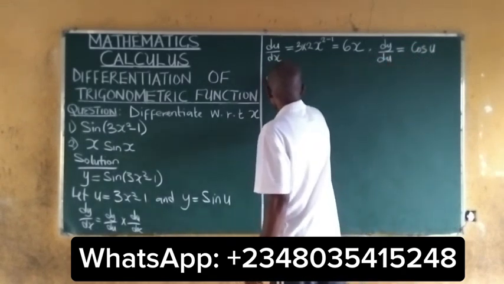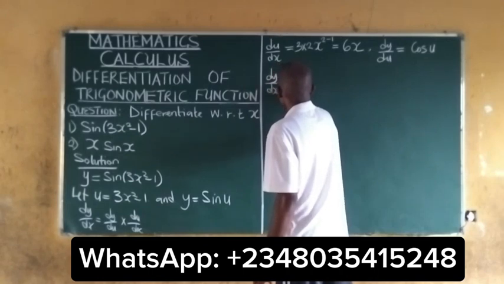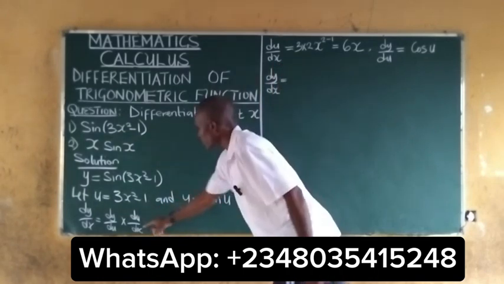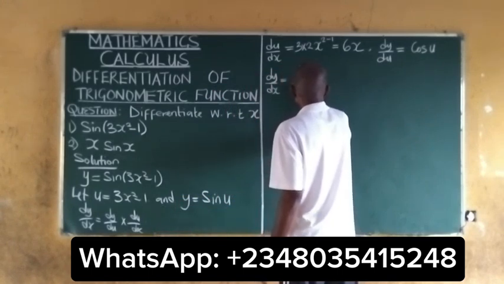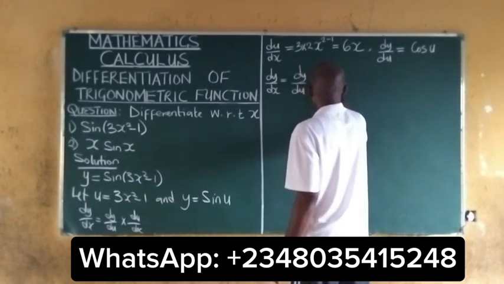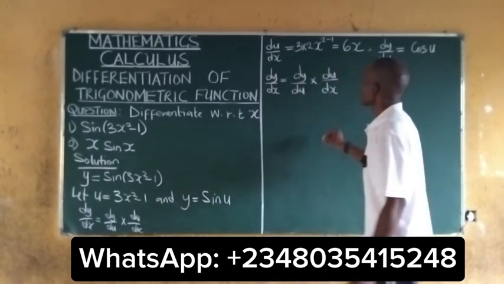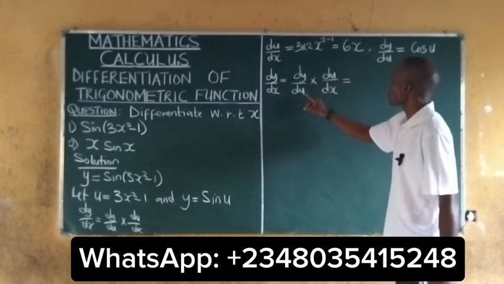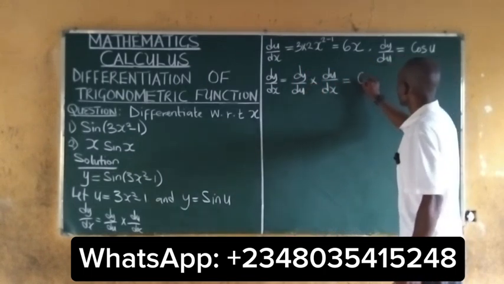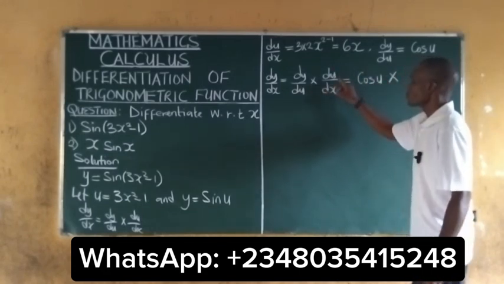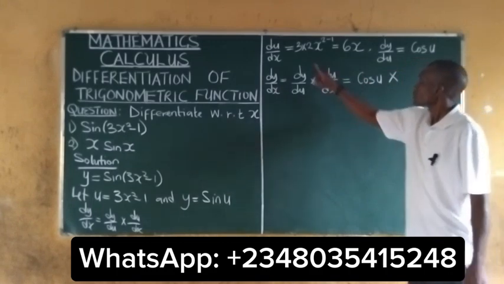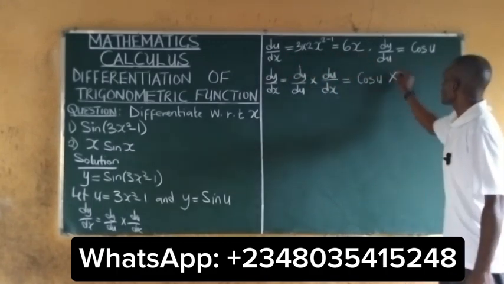So dy over dx is equal to, like I've written here, dy over du multiplied by du over dx. It's still the same thing as dy over du, which is cos u, multiplied by du over dx, which is 6x.